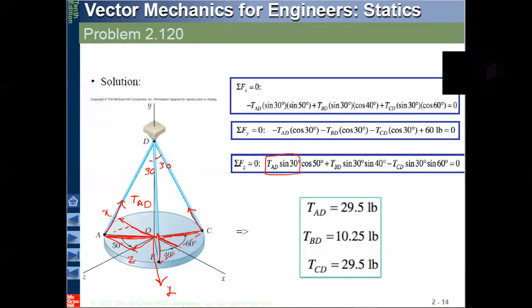This is the opposite side, and this is the adjacent side. So this is the component in the z direction, and you have to multiply by sine to get the opposite side. And we have the same for TCD. You have 3 equations and 3 unknowns, and you can derive all the 3 forces based on these.